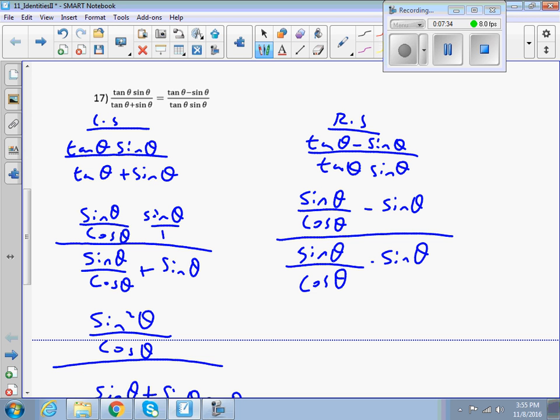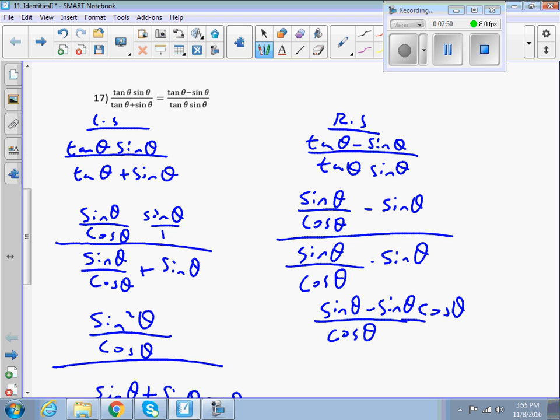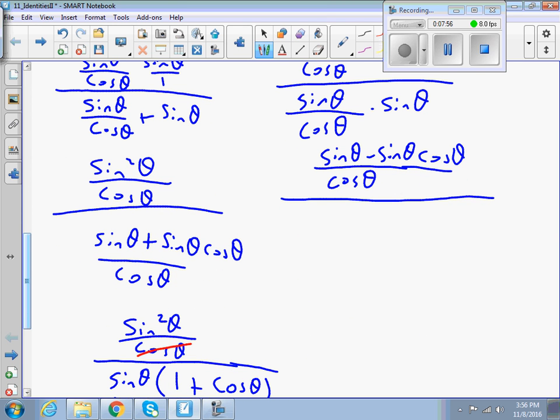Again, find the common denominator in the numerator. That's cos theta, and that would be sine theta minus sine theta cos theta all over, and now it's the multiplication in the denominator, so it's sine squared theta over cos theta.